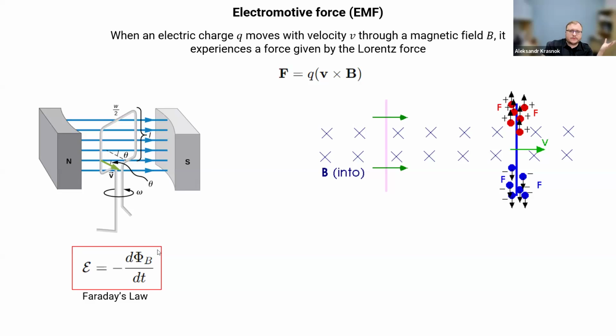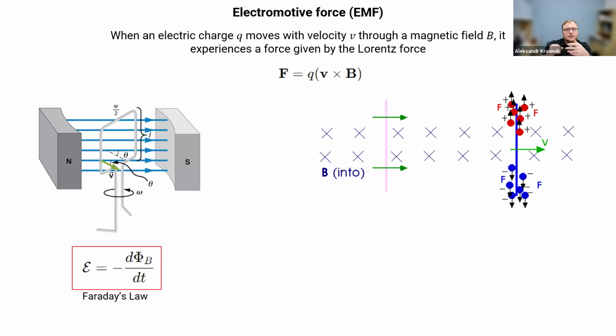Then one can ask, okay, can I just remove the magnets and get just the loop, right? And instead of rotating this loop in the magnetic field, I'm applying the current, which changes in time.